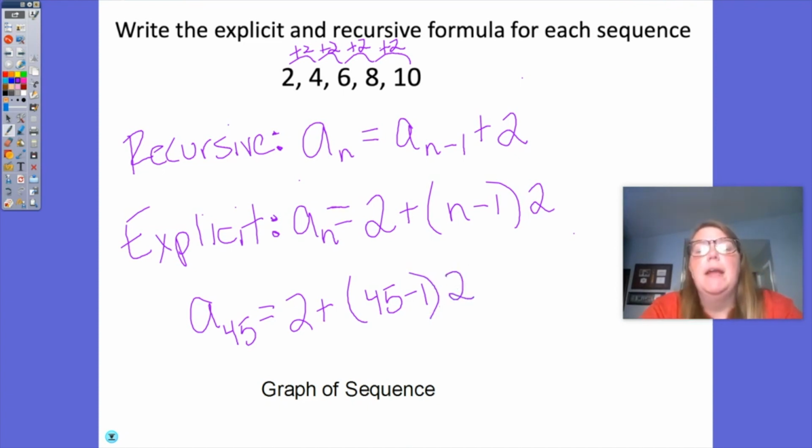So 45 minus 1 would be 44. 44 times 2 would be 88, and 88 plus 2 would be 90. So that would be the 45th term in the sequence, 90. Now we could also use the recursive formula here, but we would also need to know the 44th term in order to get the 45th term. So the explicit formula is just a little bit more useful when we're trying to find those higher numbered terms.